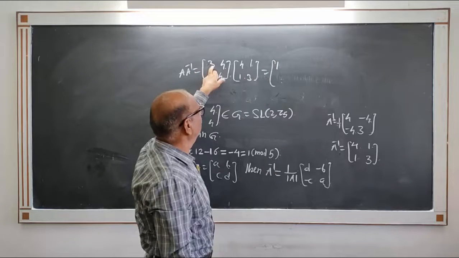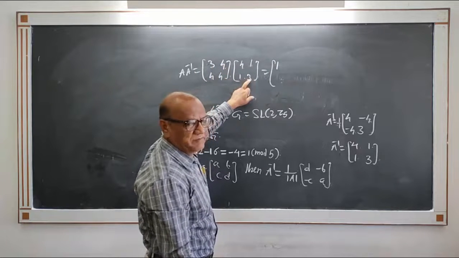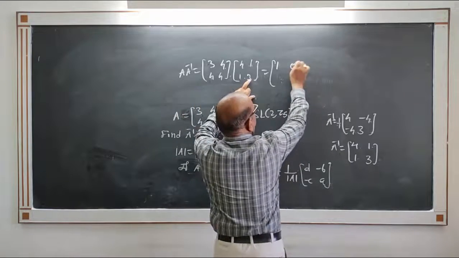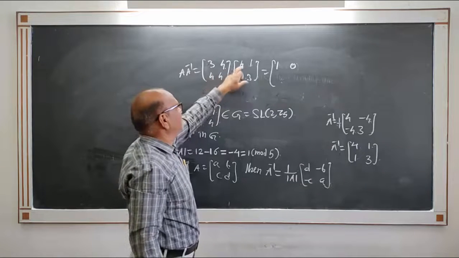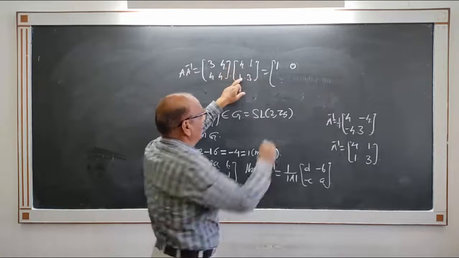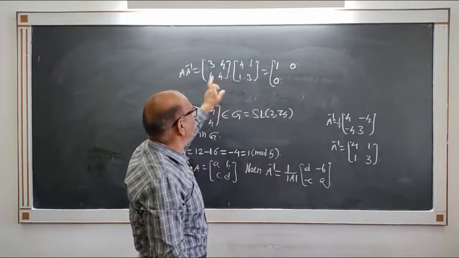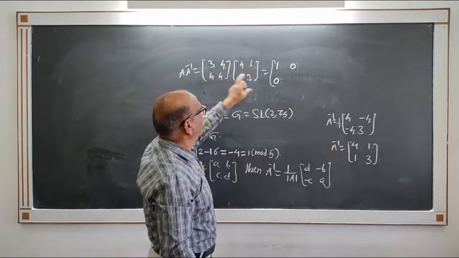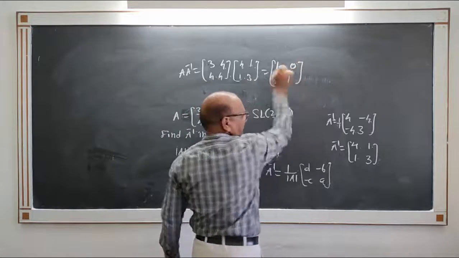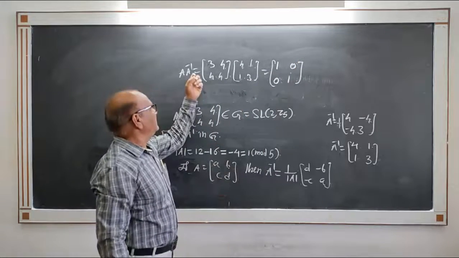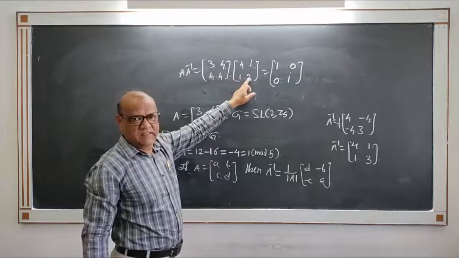Now 3 plus 12 is 15, that means 0. Now 16 plus 4 is 20, and 20 means 0 in Z5. Again 4 plus 12 is 16, that means 1. We get the identity. That means the inverse of A is like this.